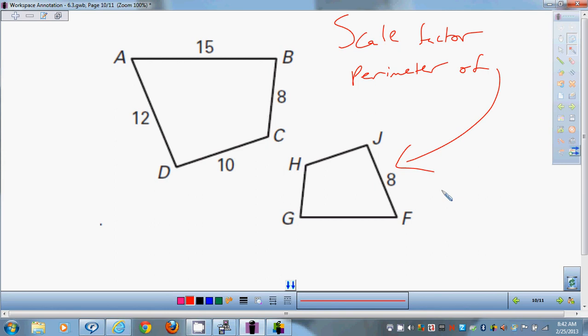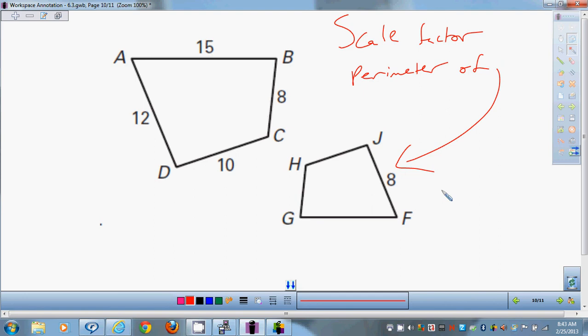Now this one was tricky because you had to kind of turn it in your head and think which piece goes with which piece. The slanted side does go to the slanted side. Now you went this one to this one, that's fine. So you went 8 to 12. You won't always just go with the smaller one first, just whichever order, as long as you're consistent. 8 to 12, which reduced to what? 2/3, thank you.